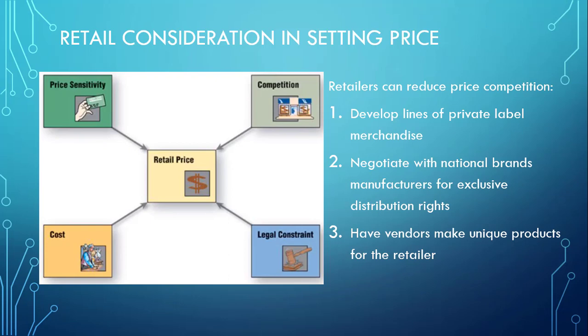So in the retail context, when you think as a retailer, when you set or determine your price, you have to consider these basic four factors. Number one is competition in the industry or in the markets. By the way, when you say competition, we have two types: direct competitors and indirect competitors.